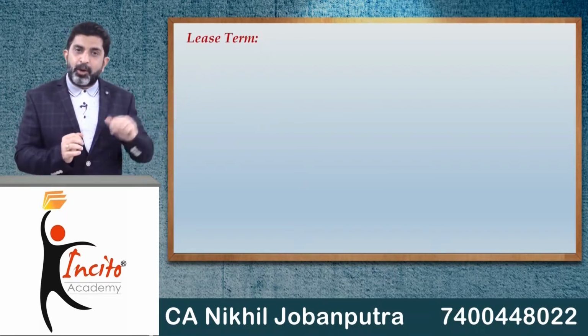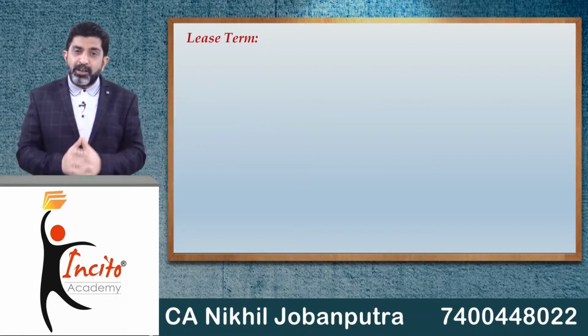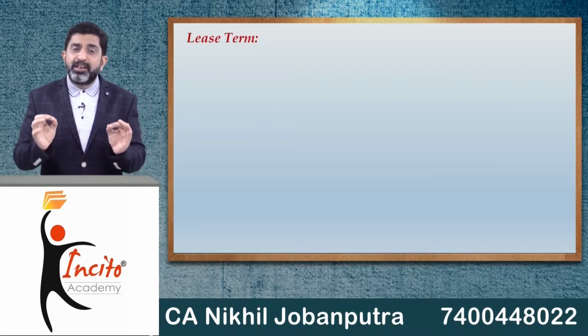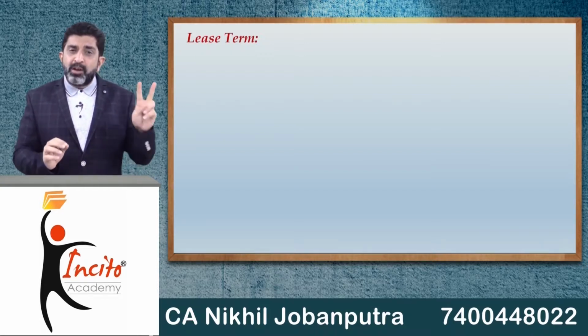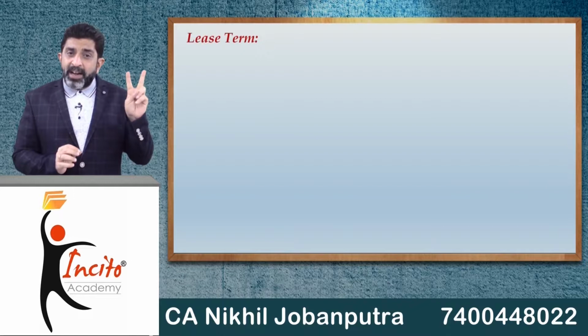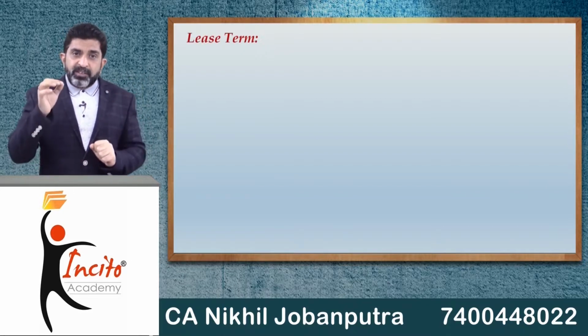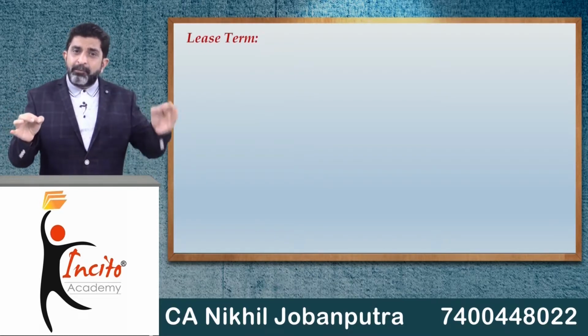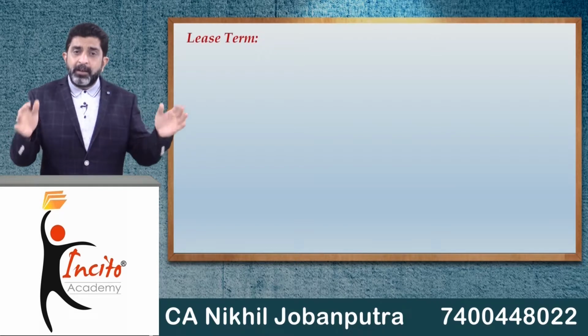With respect to the termination option, at the commencement date, the lessee should have reasonable certainty of not exercising that termination option. So, friends, whatever we have discussed, we need to write down this whole thing. And one more precaution: don't ever get confused between these two dates, the inception date and the commencement date. Certain things have to be decided at the inception date, certain things at the commencement date.